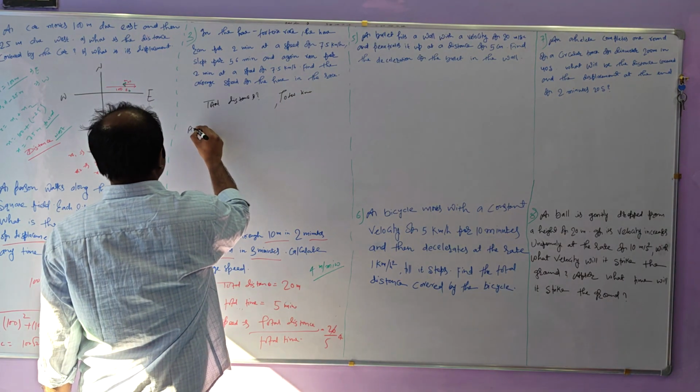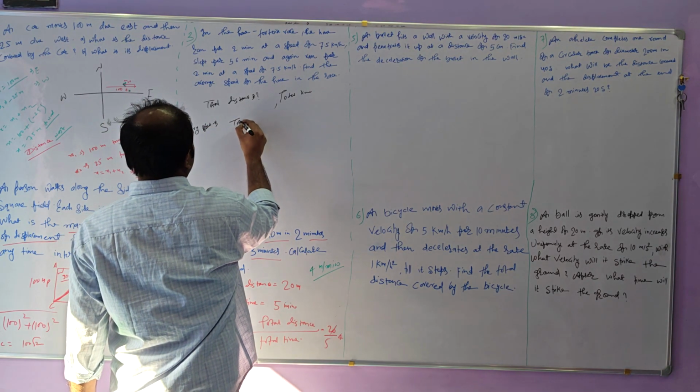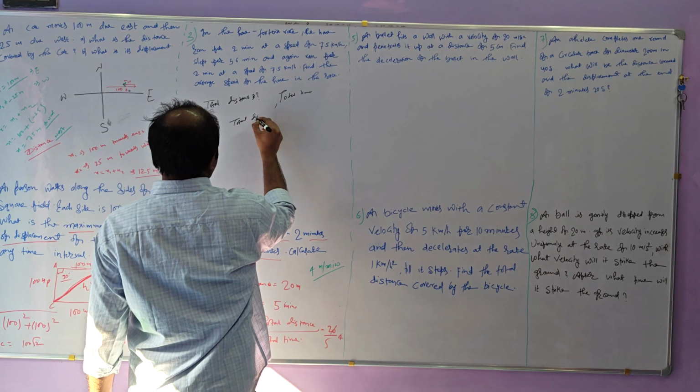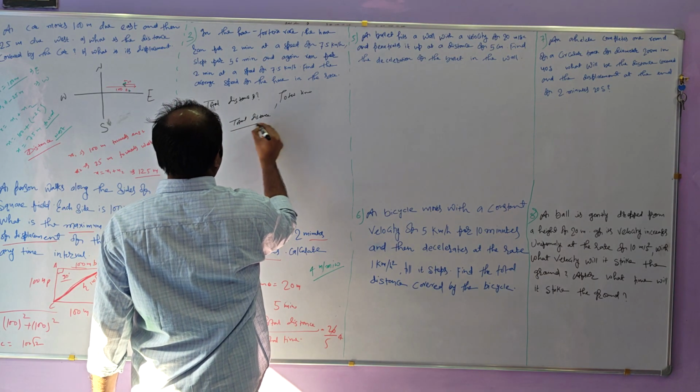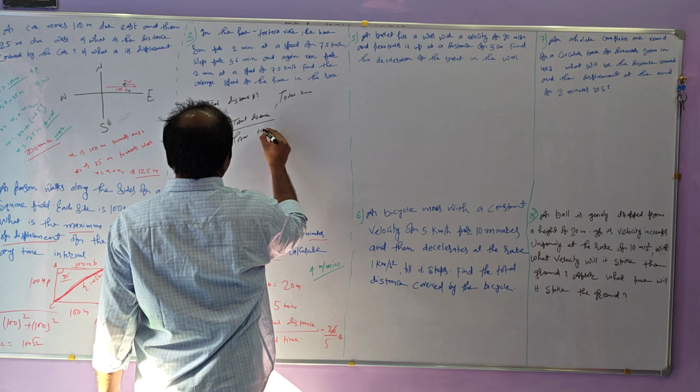So average speed is equal to total distance upon total time.